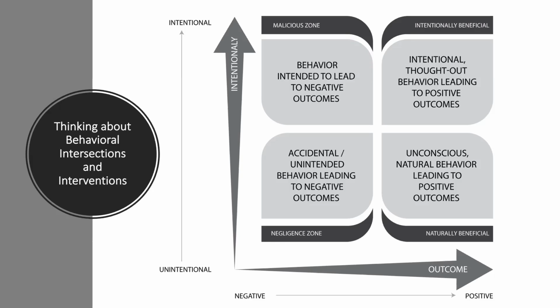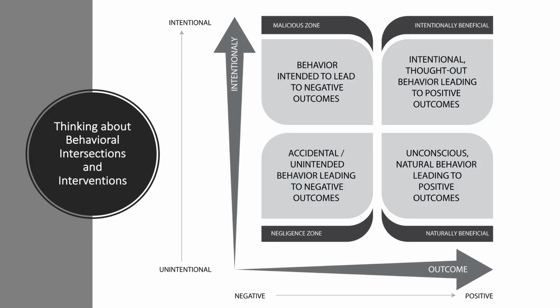And then also the other way, somebody that really just has a malicious intent for the organization. They may have a negative intent, and their behaviors will be linked to negative outcomes.